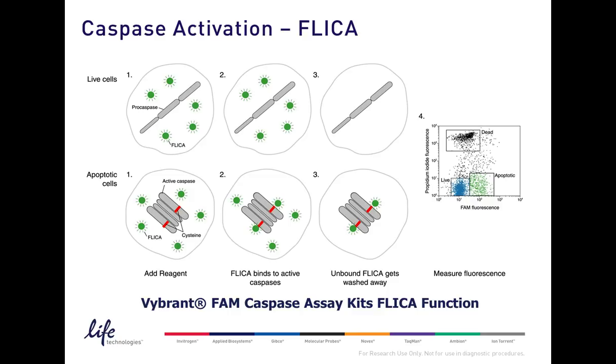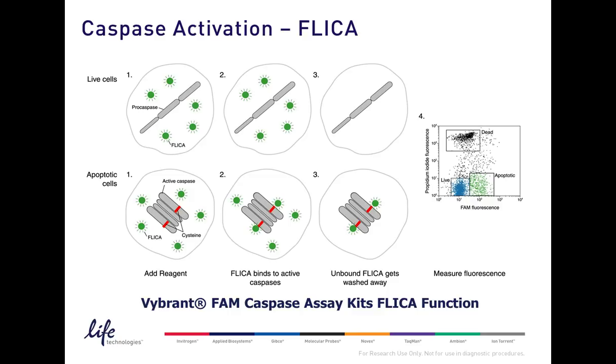There are other ways of monitoring caspase activation. Here we have our FLICA technology. These FLICA reagents are fluorescent inhibitors of caspase activity. Essentially, you load the cells with the FLICA reagents, they get into the cells, and if there are any caspases that are active, these inhibitors can bind to them. They'll only bind to active caspases, and once bound they can't be washed out. So if a cell has active caspases, it will retain the fluorescent signal, and if the cells don't have active caspases, the signal will be lost.